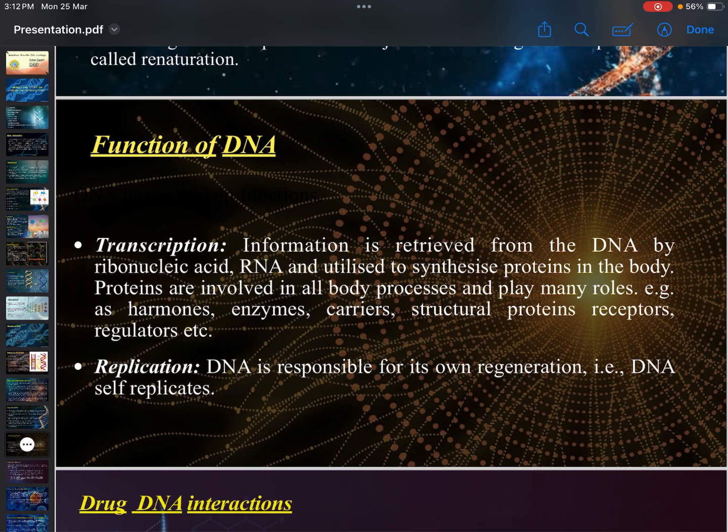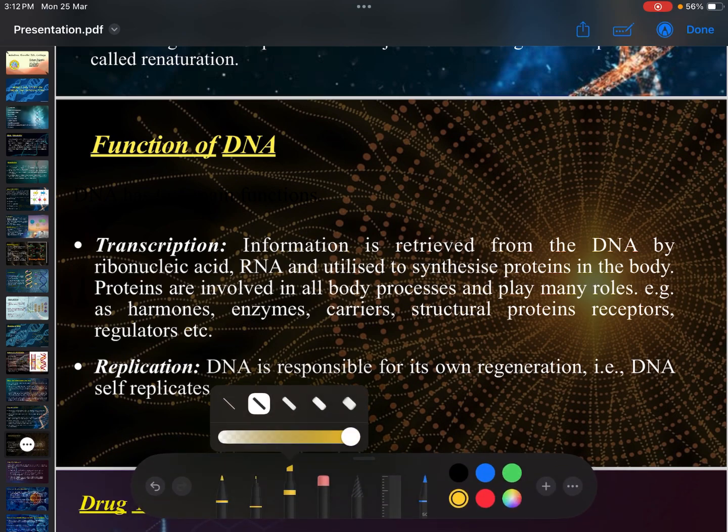What is written here is that information is retrieved from the DNA by ribonucleic acid, RNA, and utilized to synthesize proteins in the body. As I have told you, proteins are involved in all body processes and play many roles, for example as hormones, enzymes, carriers, structural proteins, receptors, regulators, etc.